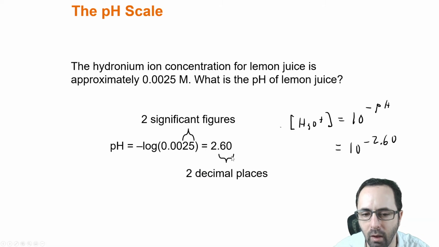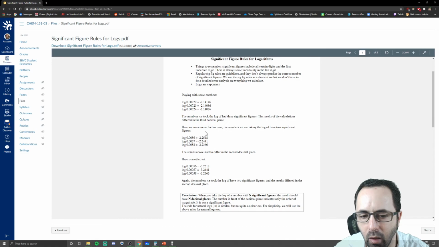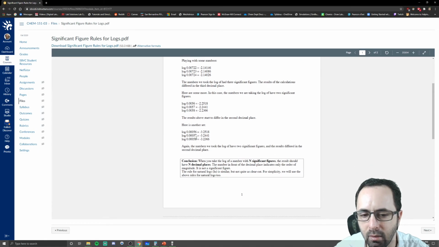Just like we saw here, 2 sig figs, 2 decimal places. And it does logs for a variety of these. You can see that if I change the last sig fig here, where my sig fig is shifting is 2 after the decimal. That's the last sig fig on that one, so it's appropriate to go to 2 decimal places.